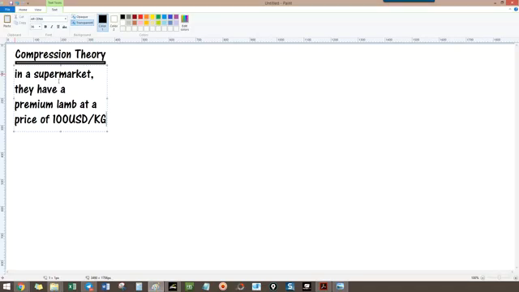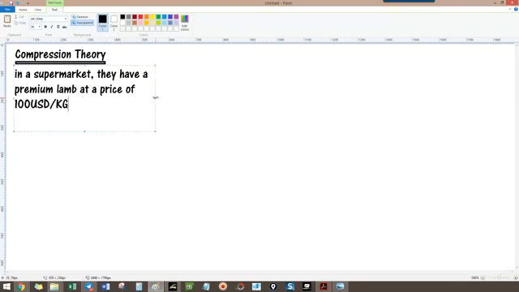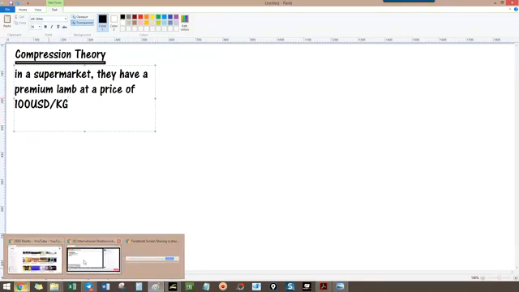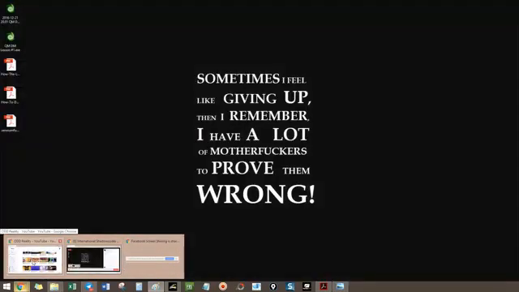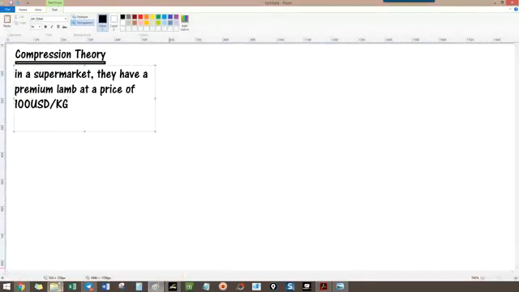Is it too cheap? 100 USD. I do not know premium lamb price, but in my country, I do not know if they have it in your country.